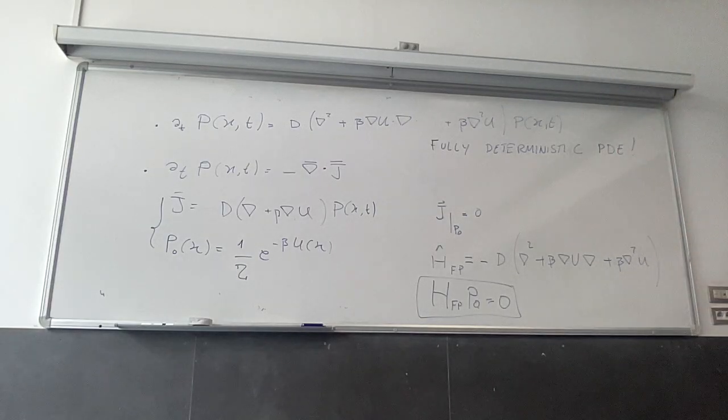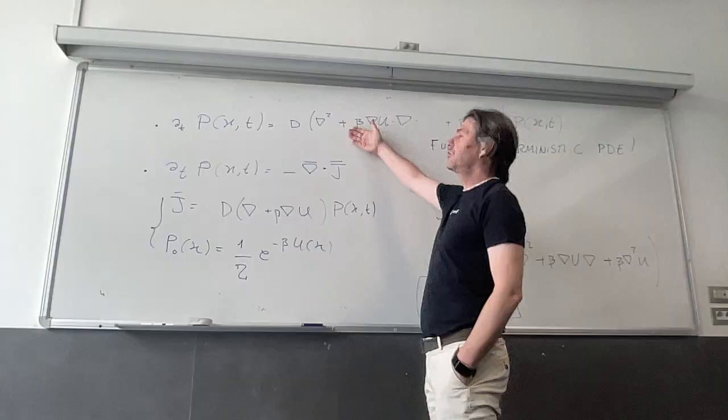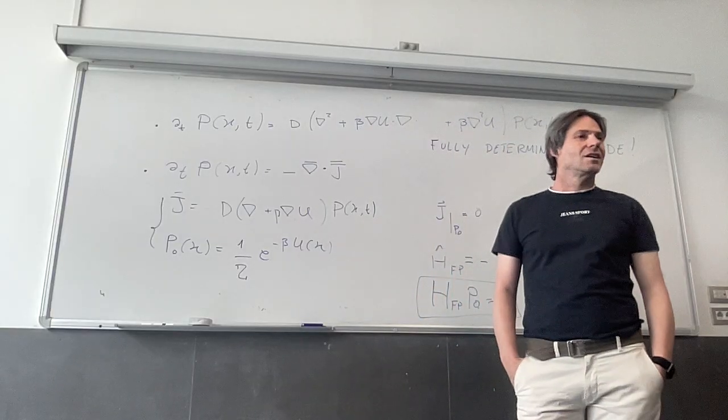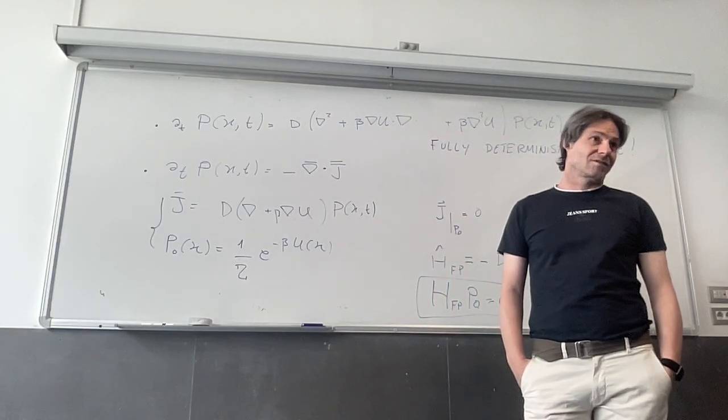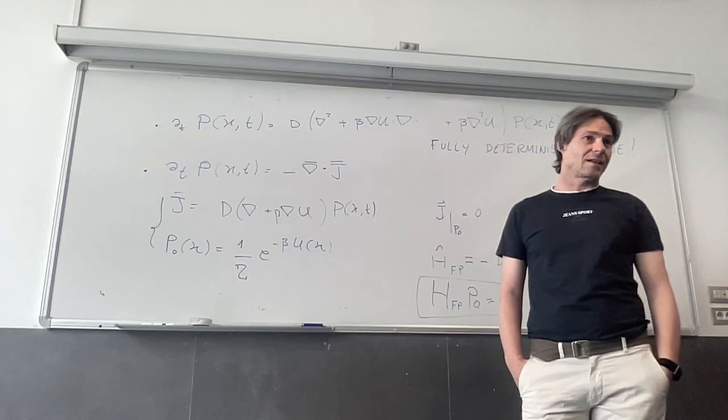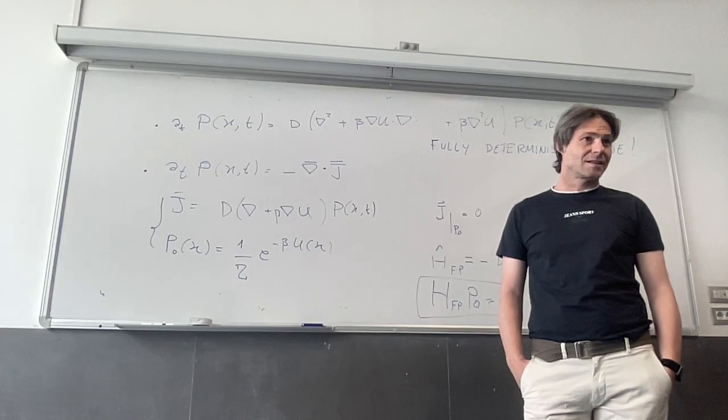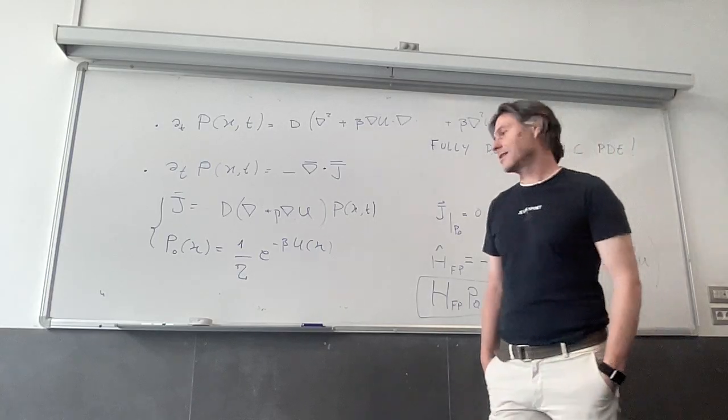So in other words, you can map this, if you discretize it on a mesh, into a matrix equation for an array that defines the probabilities, right? So that's a way to say that it's a linear equation.